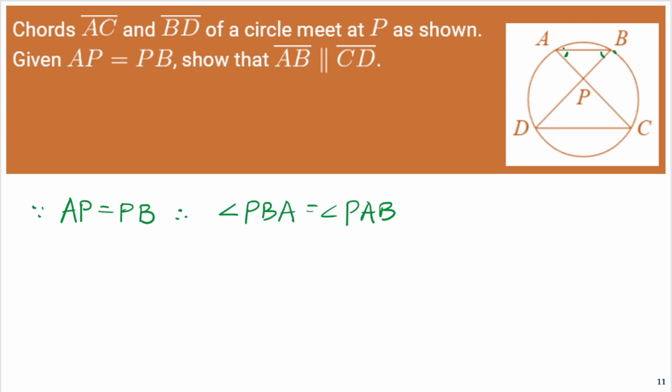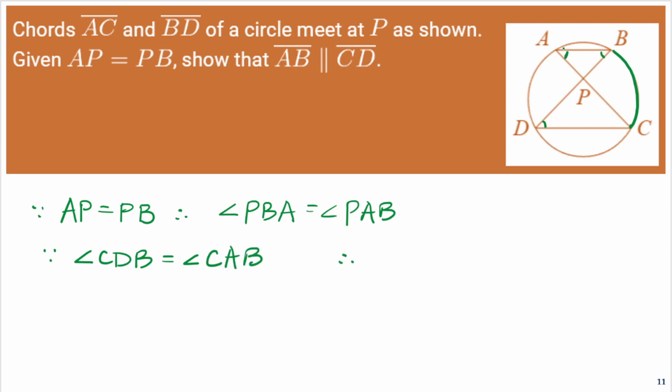And if you consider the arc BC here, then this angle should equal this angle, right? Because angle CAB and angle CDB are inscribed in the same arc BC. So we have angle CDB equals angle CAB, right?